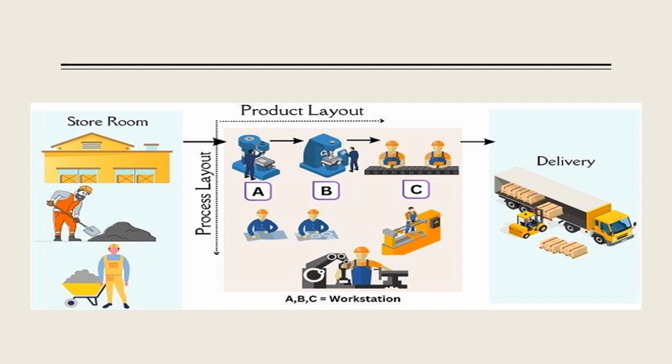Whereas other supporting services such as maintenance are arranged in the process layout pattern. So depending on the specialization and based on the machines and tools, they have been grouped together. So a combination of both can be seen in the facility itself.